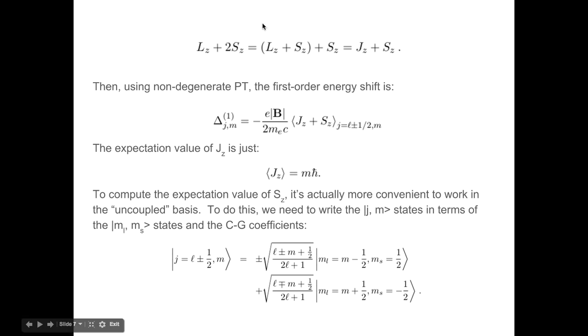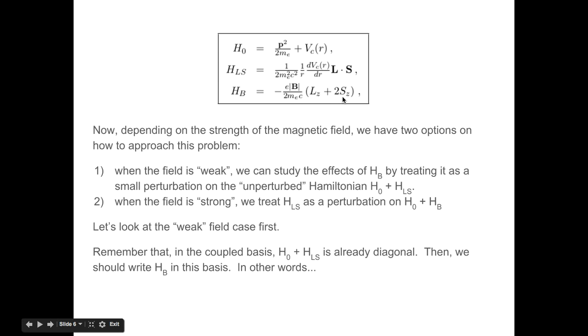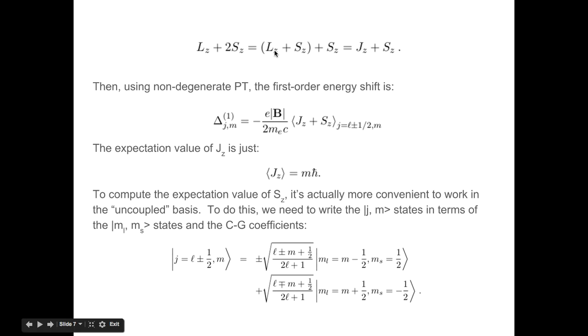So I want to take this piece of the operator, LZ plus 2SZ, and rewrite it in terms of the total. I can do that by splitting up the 2SZ into SZ plus SZ, and then taking LZ plus SZ to be JZ.